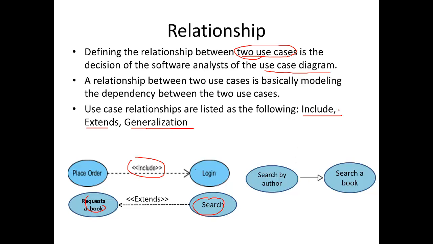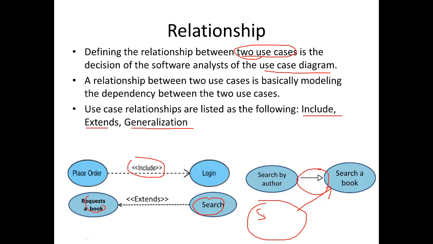Besides the include and extends, we also have generalization. Okay, we use this symbol. For example, search a book is a generalization of search by author, also search by book title.